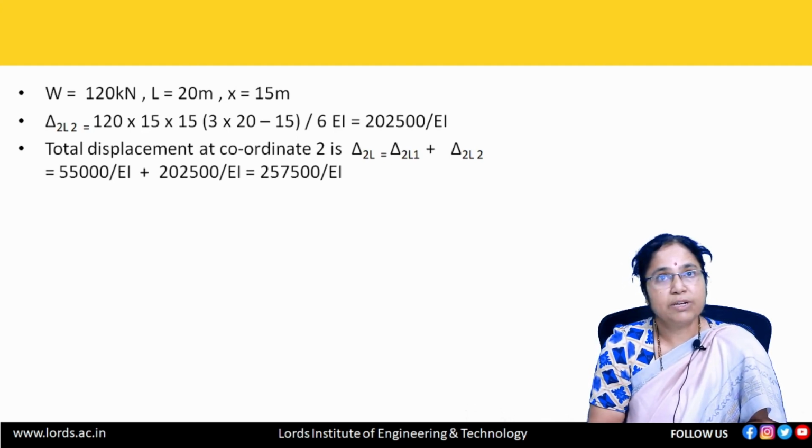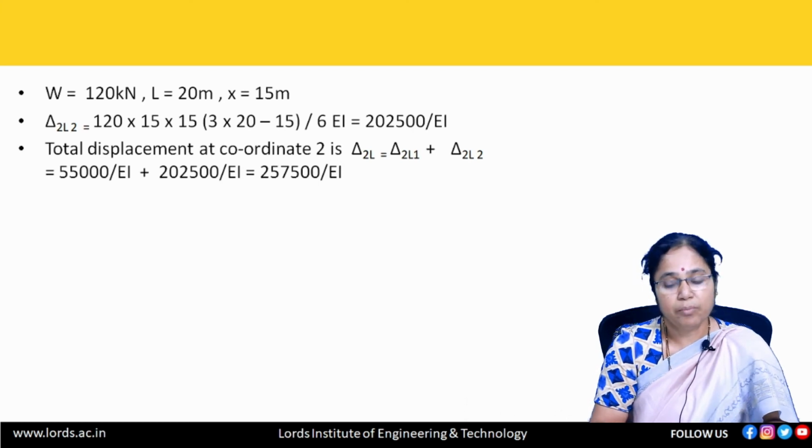So the total displacement at coordinate 2 is delta 2L equal to delta 2L1 plus delta 2L2. After adding up these two displacements at coordinate 2 due to 2 point loads, we get 257500 by EI.